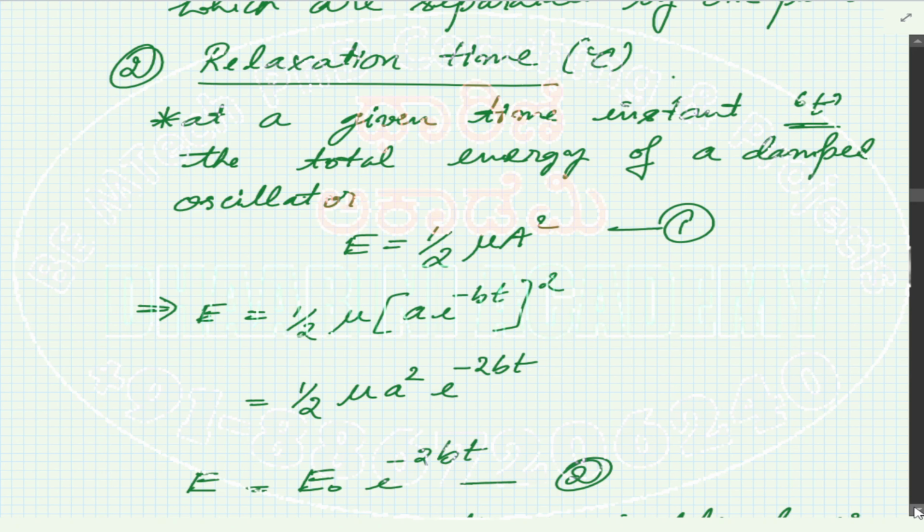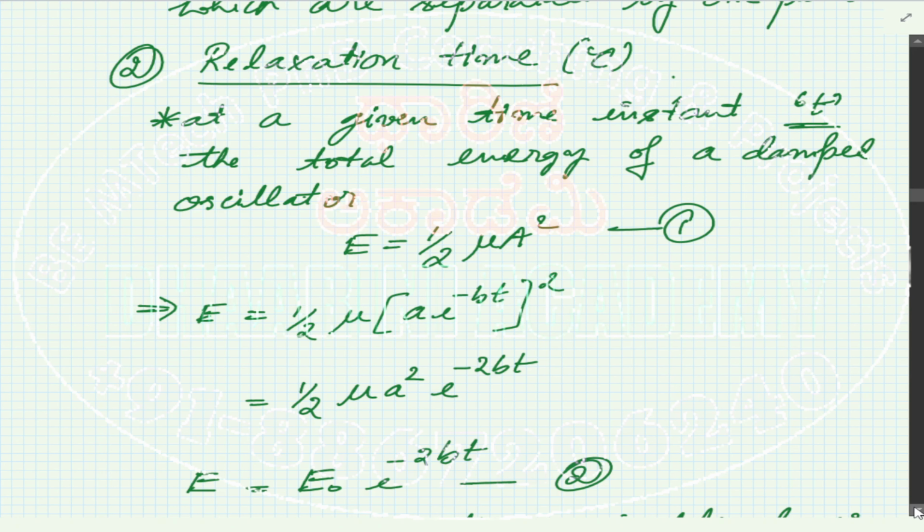First we calculate the energy, which is equal to half of mu into a square, where a is A into e to the power minus bt.